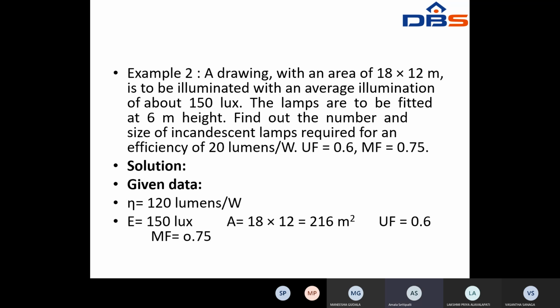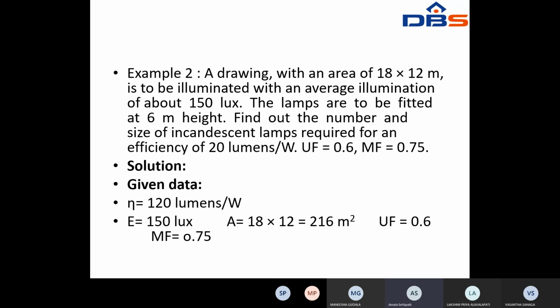Now do the next problem. First listen to the problem. A drawing room with an area of 18 into 12 meters, that means 18 meters length and 12 meters breadth, is to be illuminated with an average illumination of about 150 lux. So E will be 150, area will be 18 into 12, that means 216 meters square.